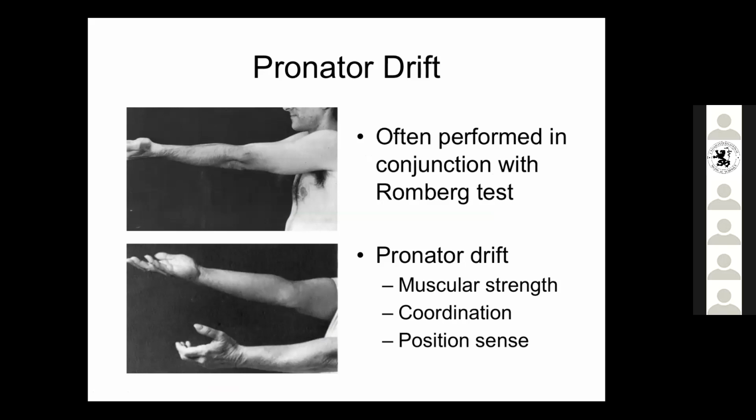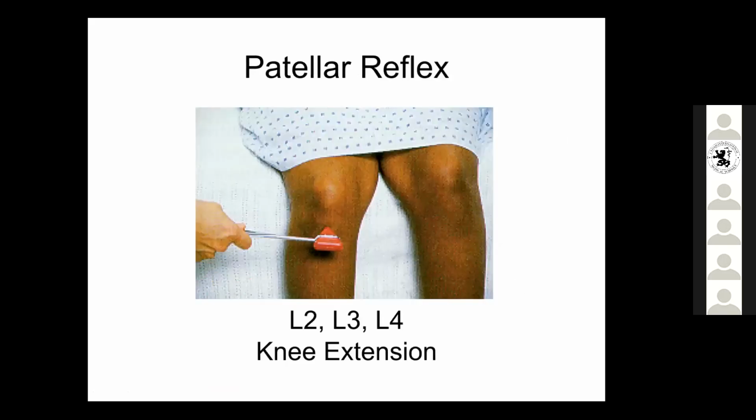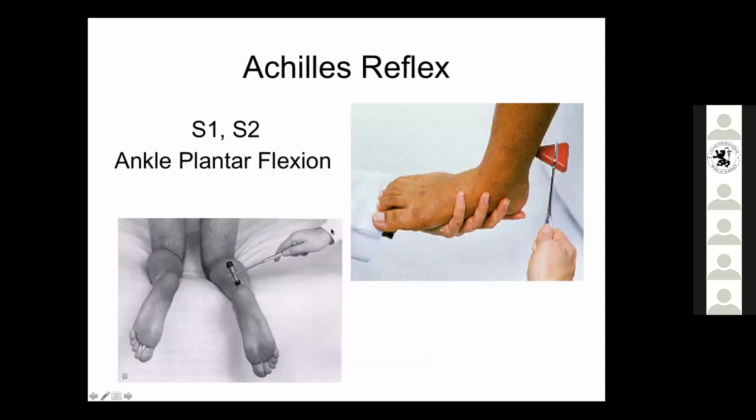Pronator drift is not done anymore. The patellar reflex, the response should be knee extension if you tap on the patellar tendon. The Achilles reflex, again, tests for S1, S2 segments of the spinal cord.